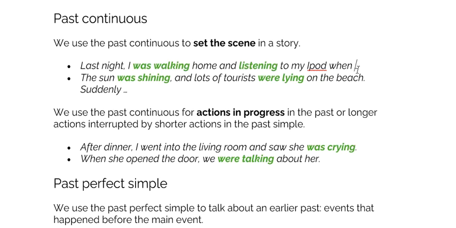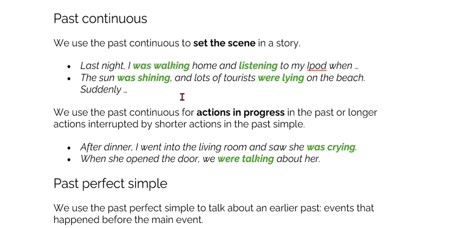So you see, in the background, in the scene, it was last night, it was night, and I was walking home. I was listening to my iPod. This is the scene. This is the background. So the background was happening, and then the main event actually took place, for example, when I saw my friend, when I bumped into my friend.